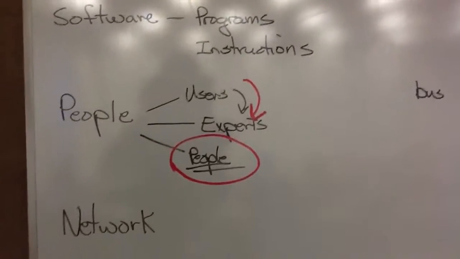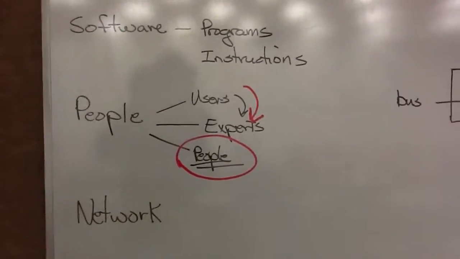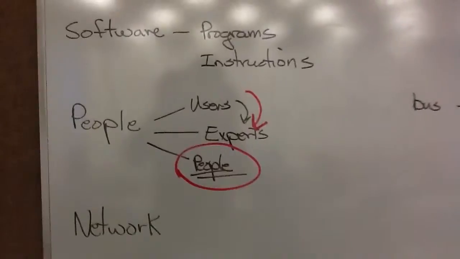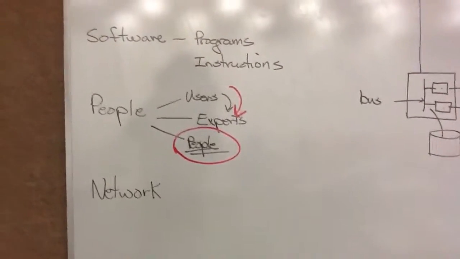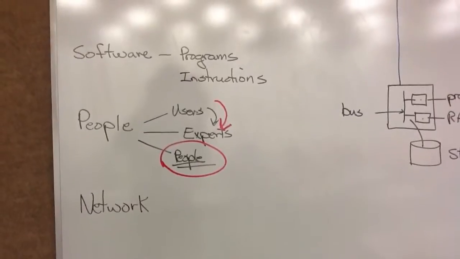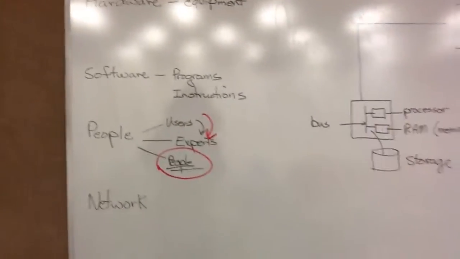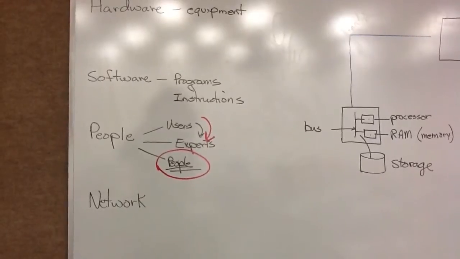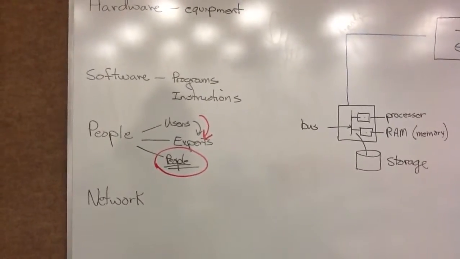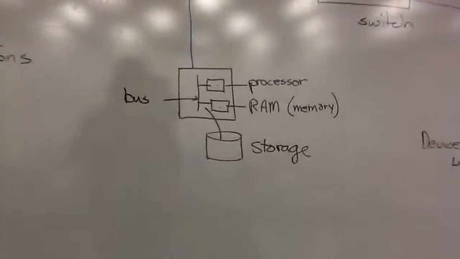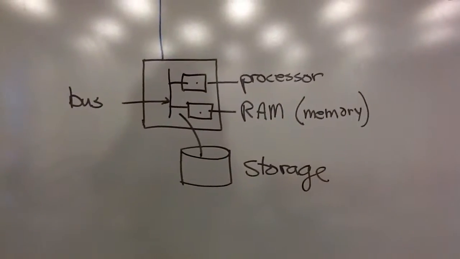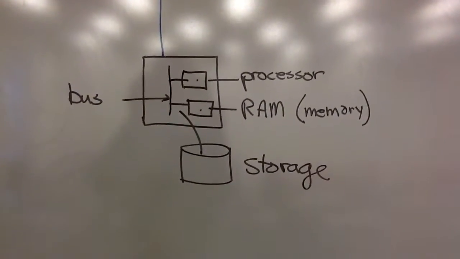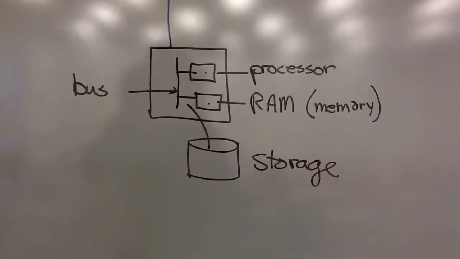Networking, the whole idea of a network allows us to... we talked about devices, computers, laptops, and so forth, processors, we have memory, we have storage, and we have electronic processors, information through there.